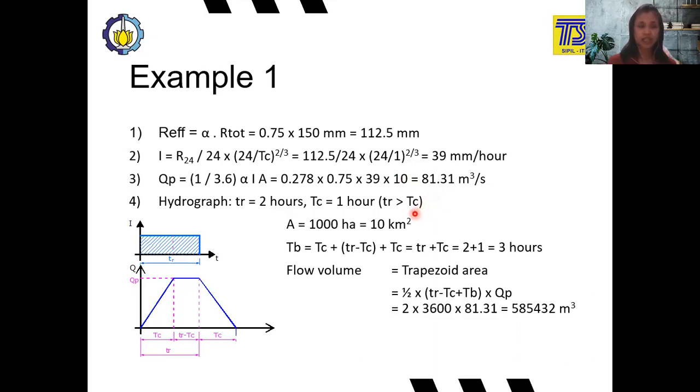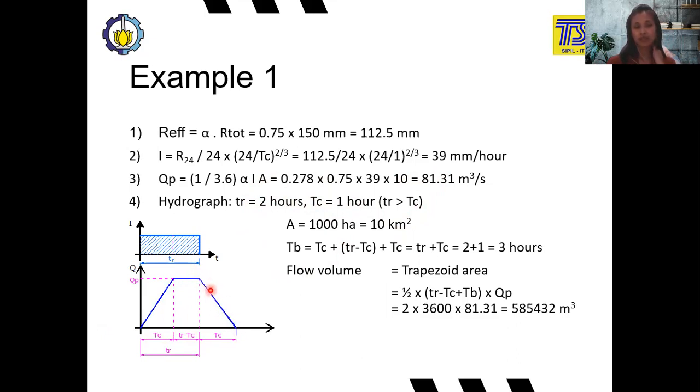After that, we can draw the hydrograph using this data that we know. Like we have rainfall of 2 hours duration and the time concentration of 1 hour. So the hydrograph will peak at 1 hour, and then will be constant until 2nd hour, and then will decrease after the rainfall stops.